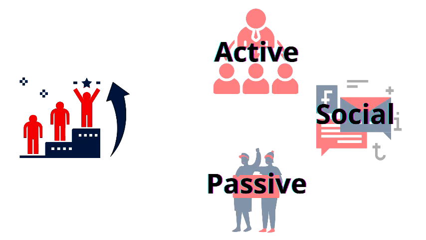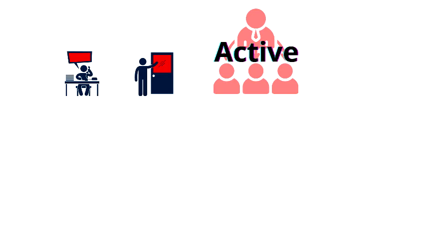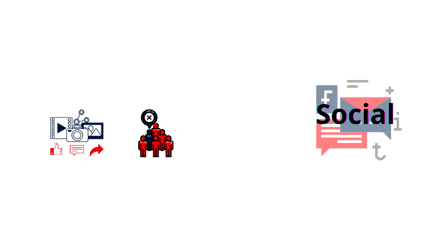Taking a look at each one of these opportunities, active volunteer opportunities are things like phone banking, where you're making calls to individuals, or canvassing when you're knocking on people's doors. Social volunteer opportunities are things like using your social media account to promote campaign material or hosting a Meet the Candidate event.